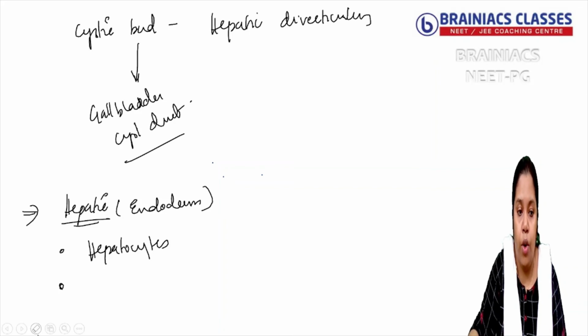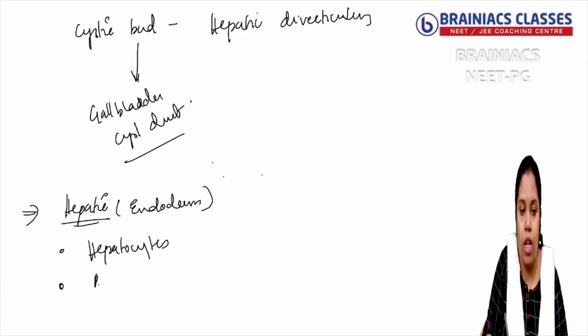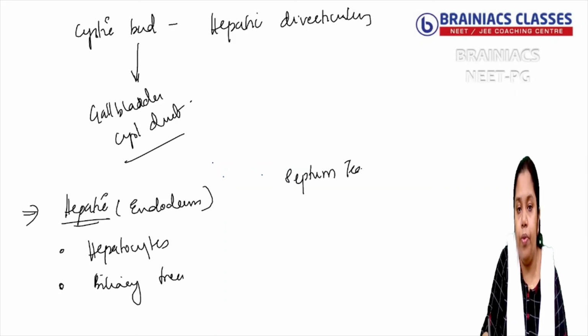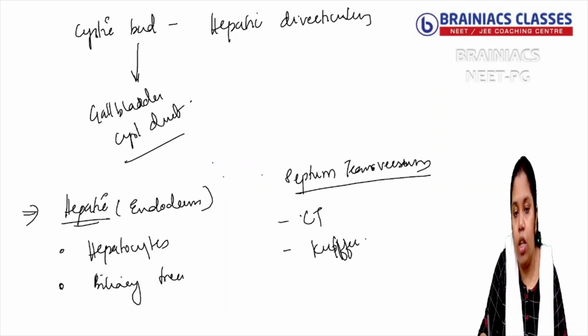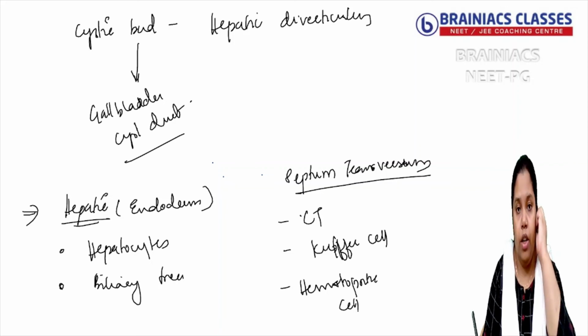Understand? From the mesenchyme or the septum transversum, you will get the connective tissue, the Kupffer cells, and the hematopoietic cells. They will develop from the septum transversum.